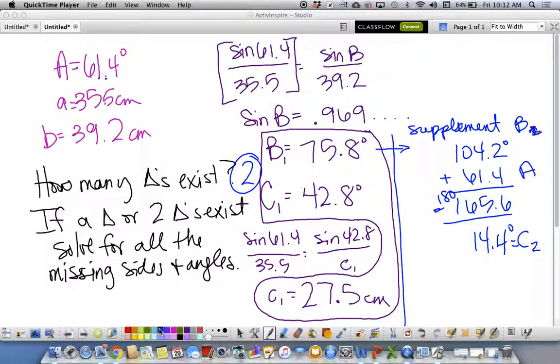Do we still need to find the third side over here? I'm still using sine 61.4 over 35.5 equals sine C2, which is 14.4, over little c2.